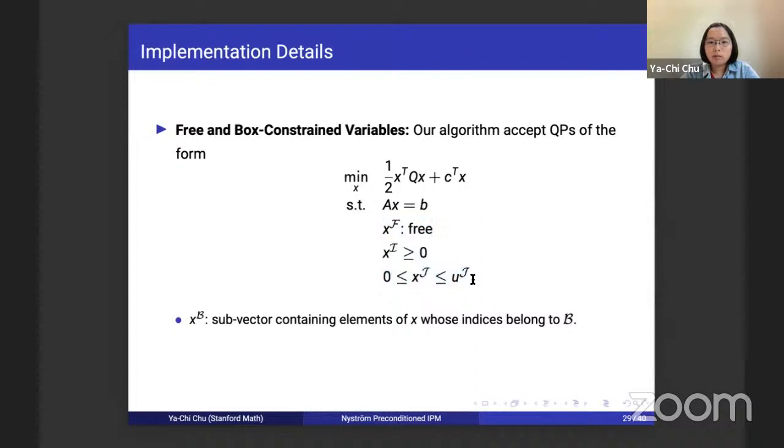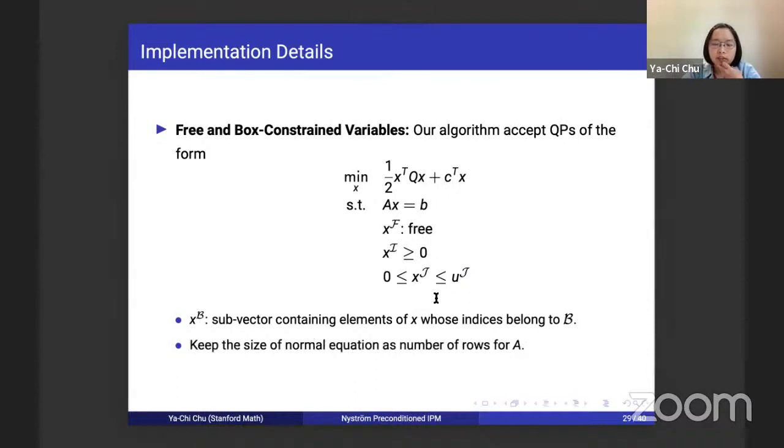This helps us avoid introducing additional variables, because if you have a free variable and your algorithm only accepts non-negative variables, you then need to write the free variable as x equals x plus minus x minus, which will increase your problem size again, which is not good for large scale problems. So it can keep the normal equation at the same size as the number of A instead of introducing new variables.